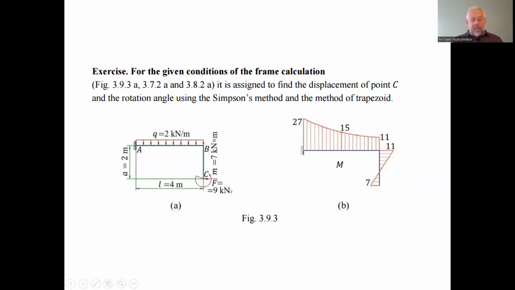So first we have 7 directed leftward under the action of the applied bending moment 7 kilonewton by meter. As we see, we choose whether this direction is negative or positive; the magnitude is not so important.